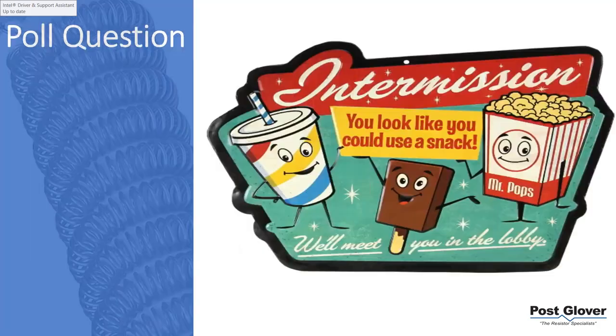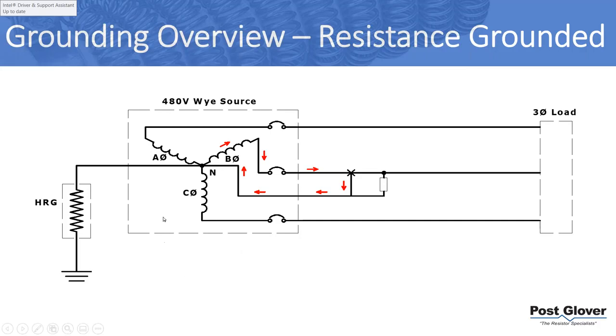Essentially, you want to use isolation transformers. You're going to isolate your line-to-neutral loads. You're going to use an isolation transformer and solid ground those line-to-neutral loads. Typically, this is lighting.